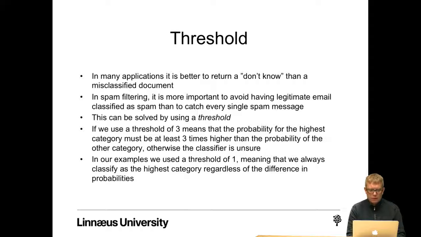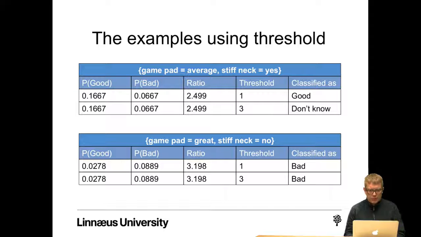If we, for example, use a threshold of 3, it means that the probability for the highest category must be at least 3 times higher than the probability of the other category, otherwise the classifier is unsure. In our example, we use the threshold of 1, meaning that we always classify as the highest category, regardless of a difference in probabilities. So we can take the same two examples we have here.